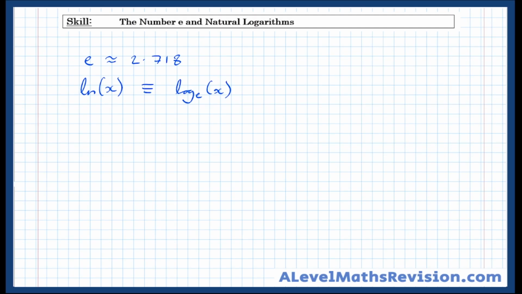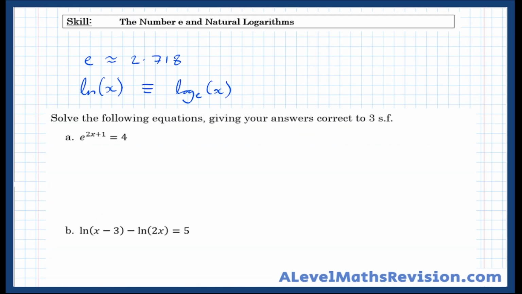So e is a number approximately equal to 2.718, and natural log of x, ln of x, means log to the base e. So let's have a look at a couple of questions. As I said, we're not learning any new skills here, we're just applying these new definitions to skills we already know.